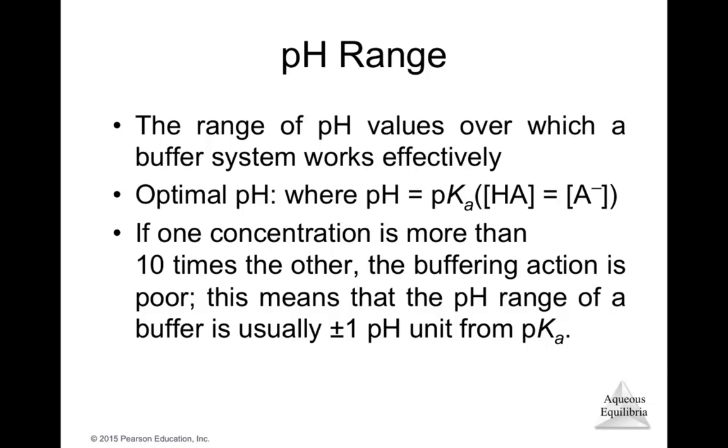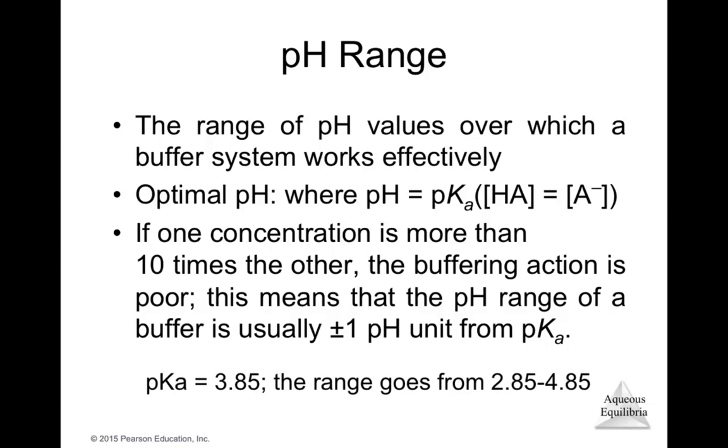If one concentration is more than 10 times the other, the buffering action is poor. This means that the pH range of a buffer is usually plus minus 1 pH unit from pKa. So for the previous example of lactic acid, the pKa was 3.85.